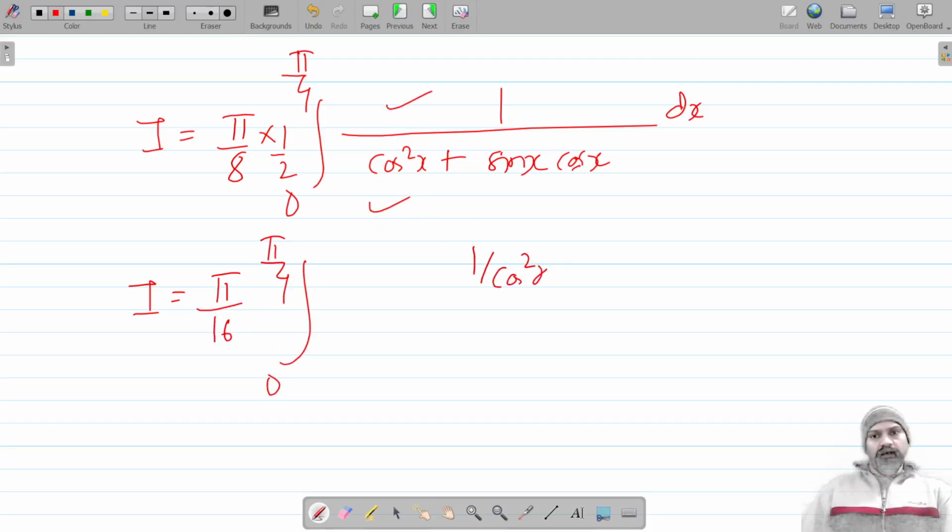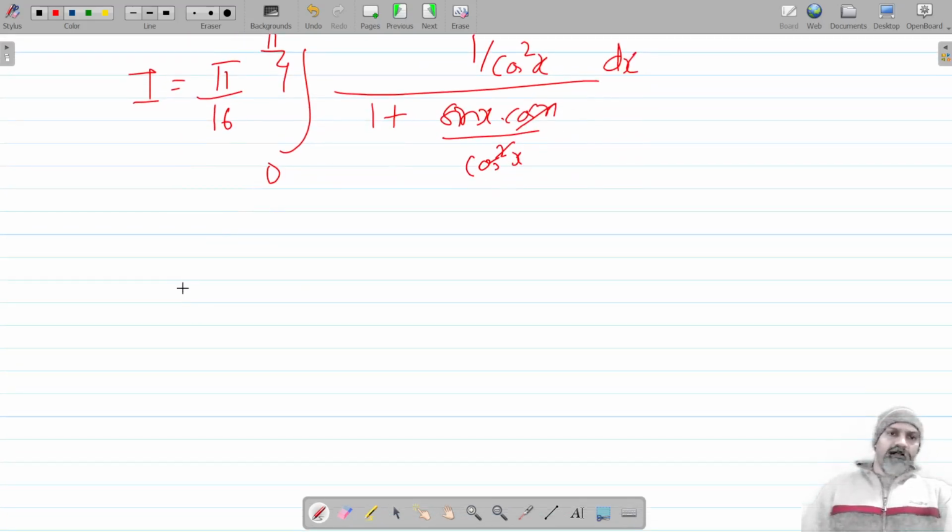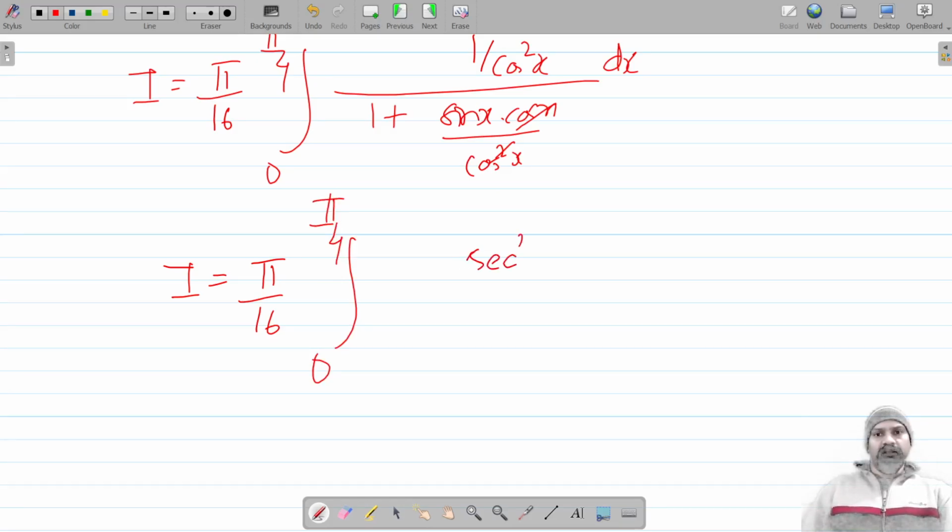So this is 1 by cos square x, and this becomes 1. Finally, this is now equal to I is equal to pi by 16, 0 to pi by 4. 1 by cos square x is secant square x upon 1 plus, now sine by cos is tan x, and this is dx.